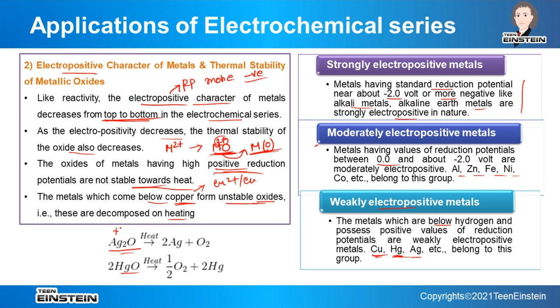Now here silver is in +1 oxidation state, mercury +2 oxidation state, it will reduce to silver 0 and mercury will reduce to Hg0. Okay, so in this way we can also predict from the electrochemical series whether the corresponding metallic oxides will be stable or unstable.